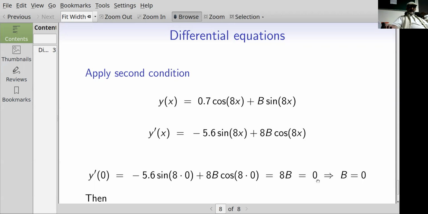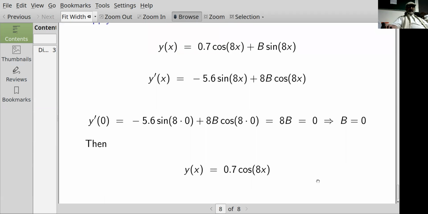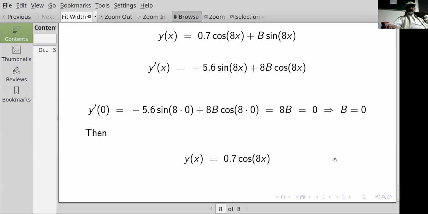That means then that y of x is equal to a, which was 0.7, cos of 8x, plus 0 times sine of 8x, so we don't bother to write the 0 term, and we get y of x equals 0.7 cos of 8x. So if you just had the differential equation without any other information, you would have these two arbitrary constants, a and b.